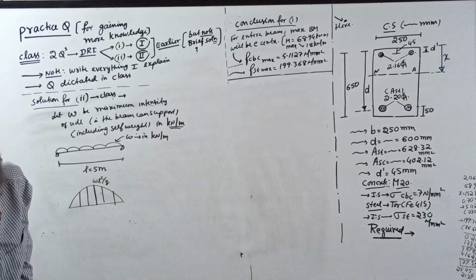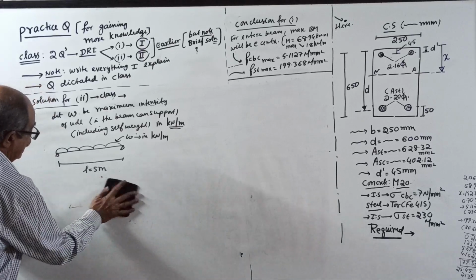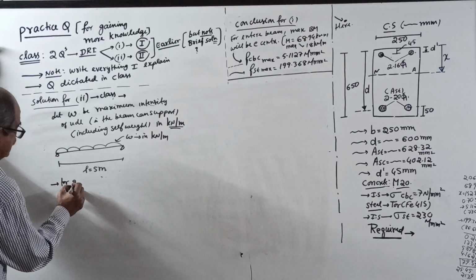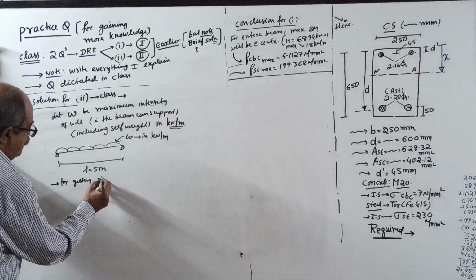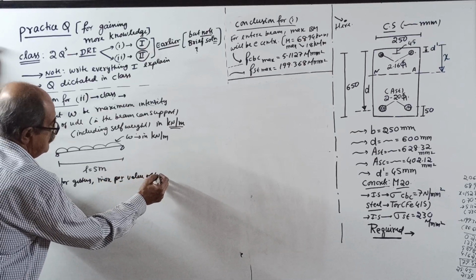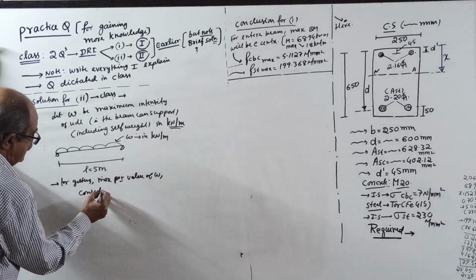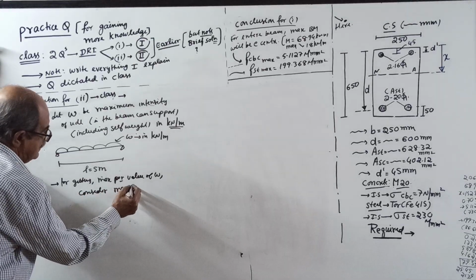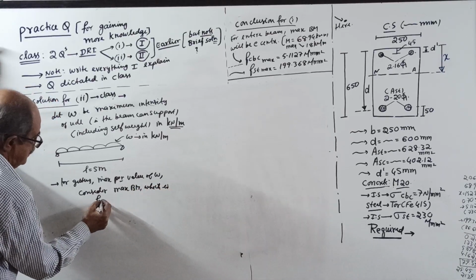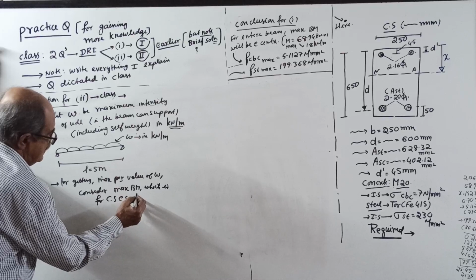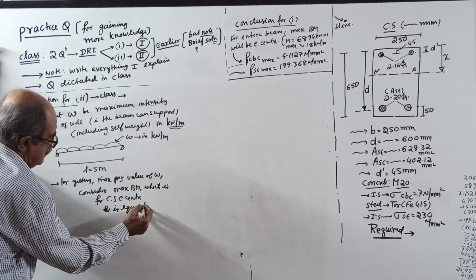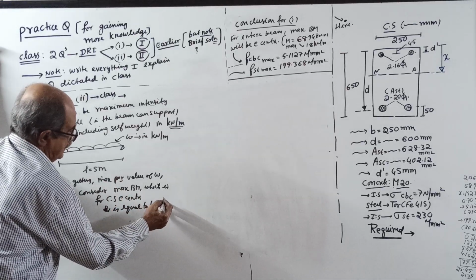Therefore, to find the maximum loading here, what you have to do is, for getting maximum permissible value of W, consider maximum bending moment, which is for cross section at center and is equal to WL square by 8.